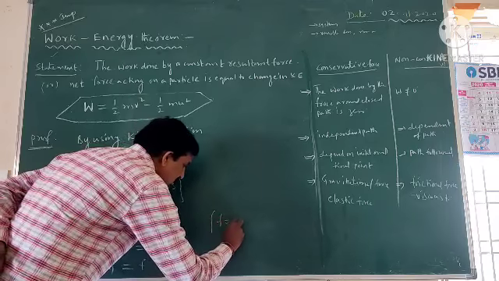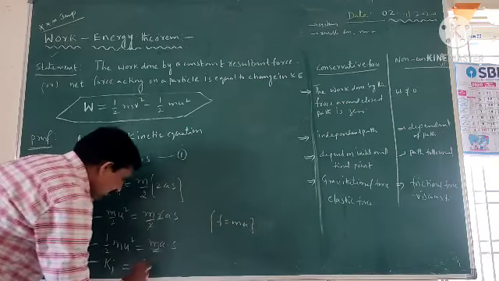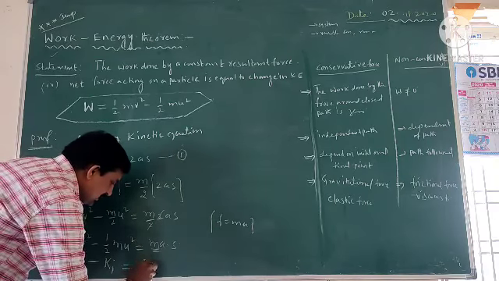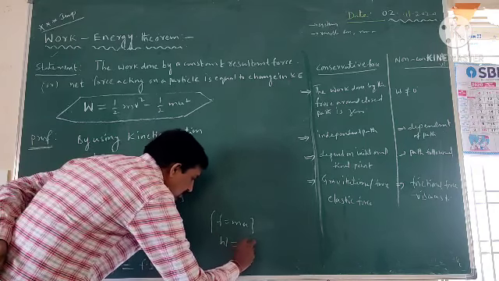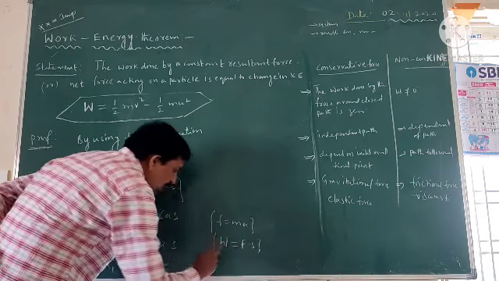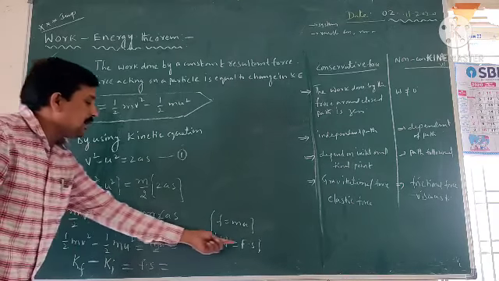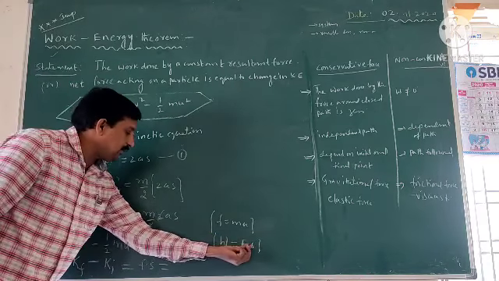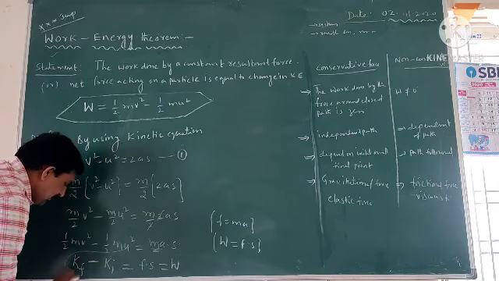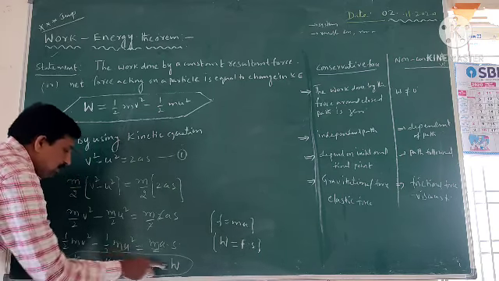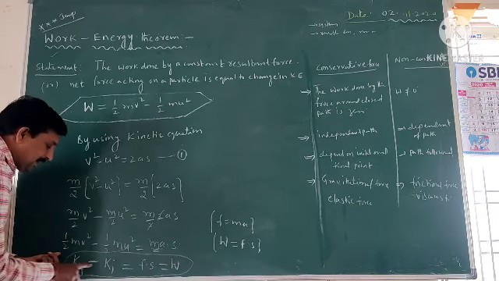So it is F into s, but F into s is the work, the product of force and displacement. Instead of F into s, substitute W. So W is equal to Kf minus Ki.